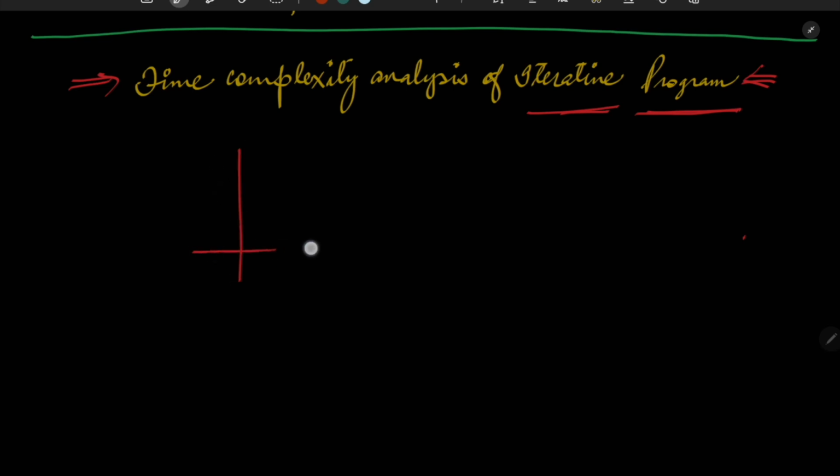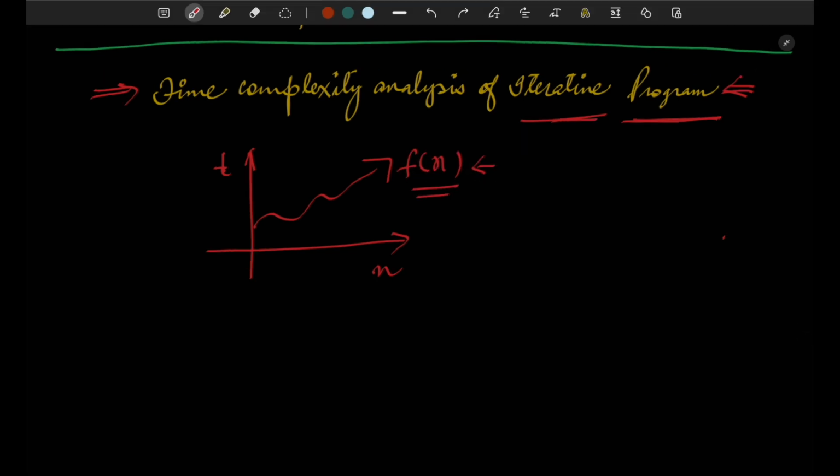So let's say this is the time axis and this is the input axis, and let's say the growth of the algorithm is like this, where this is f of n. So what does this mean? Well, essentially we want to know how the performance of the program is going to vary with respect to time, while we are talking about the time complexity, when the input size increases.